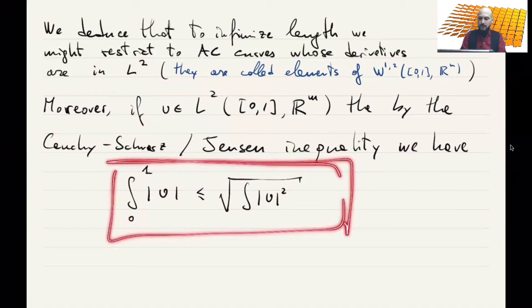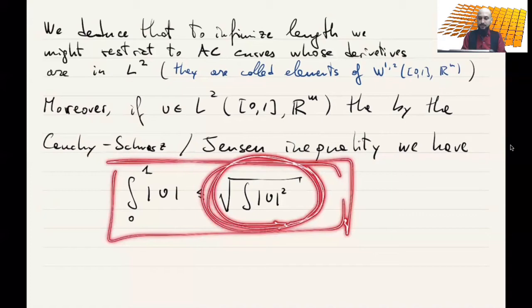How do we read this inequality? Let's think that the curve gamma is parameterized by arc length. We understand that the integral of the L2 norm of the speed is at least equal to the length.